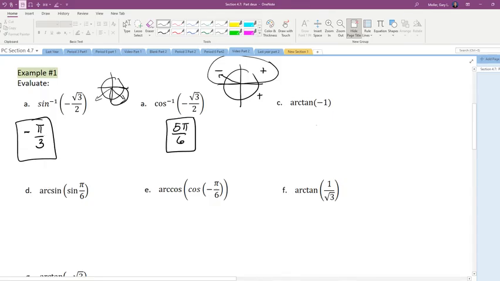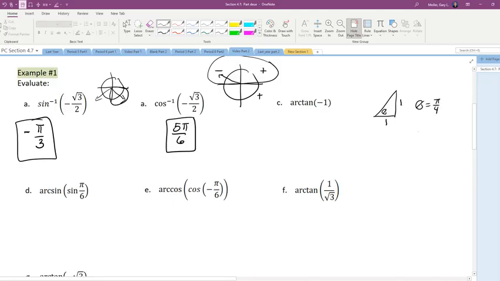Arctangent of negative 1. So usually what I'll do with tangents is I'll sort of dump the unit circle for a minute, and I'll just draw a triangle. So if my tangent is, I'm just going to worry about 1 for now. If my tangent is 1, we know the opposite divided by the adjacent would both be 1s, and that tells me this is an isosceles right triangle. So we're talking about an angle of pi over 4.